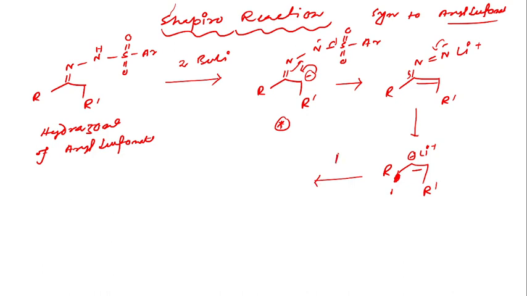So if we treat with the electrophile, we are going to get these things. Double bond, now E is here, and R dash. So what we are getting here is the less substituted alkene. That's the beauty of this reaction.